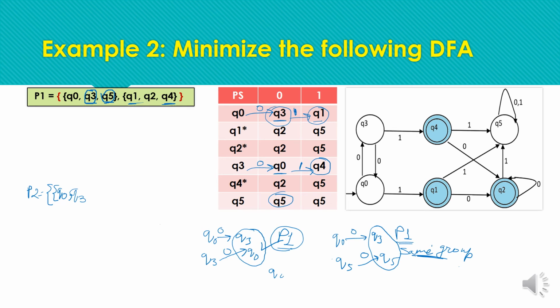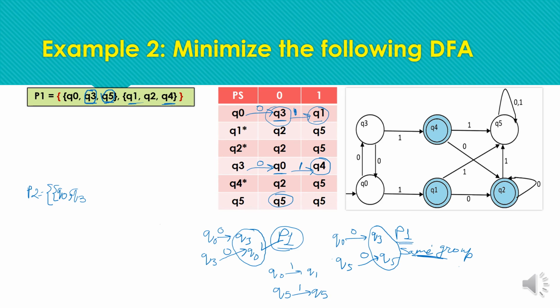Now let's check the compatibility for input symbol 1. From Q0 for input symbol 1 we are moving to the state Q1, and from Q5 for input symbol 1 we are also moving to the state Q5.